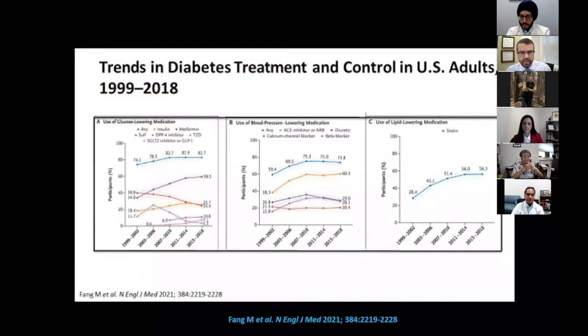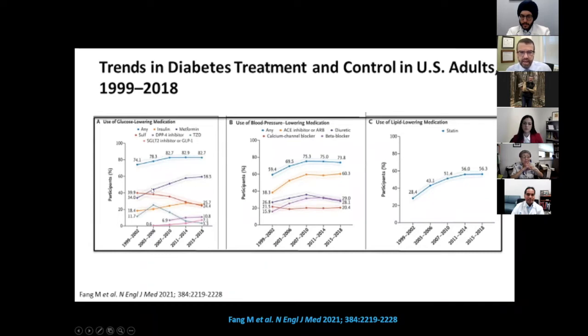Looking down at the level of the individual, and this is in the same study as well, trends in glucose lowering medication between those 2 decades. There was definitely a steady increase in the first decade with then a leveling off. Most of that increase came from metformin.